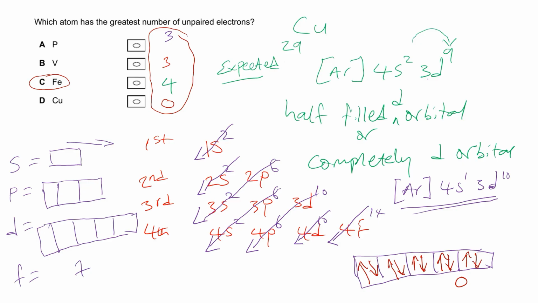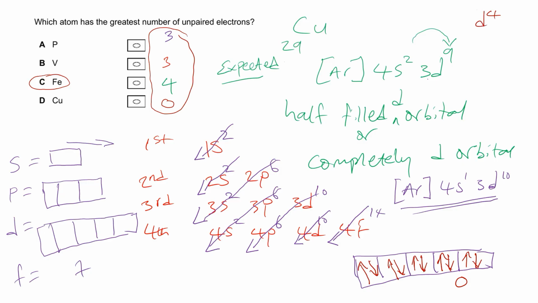That is it. Now let me reiterate this particular concept that involves the exception to the rules of filling electron configuration. If the last orbital of the atom has 9 electrons or 4 electrons, they are highly unstable, so they are likely going to collect 1 electron from the lower orbital, which is the 4s.